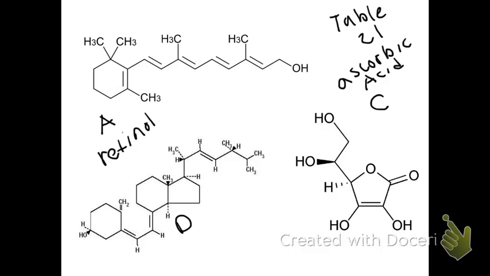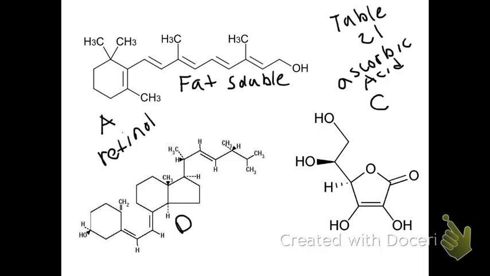Okay, so what we're going to do is look at some characteristics of each one of these vitamins. First of all, what you need to know about vitamin A here is that it is a fat-soluble vitamin.